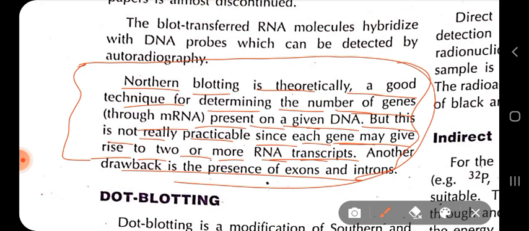Well, we can use this technique for detection of RNA, but the problem is that theoretically it is very good, but each gene will give rise to multiple RNA transcripts, and exons and introns are present. Because we are using a DNA probe, we have to use a mature RNA probe also, and to make a mature RNA probe is a little bit difficult.